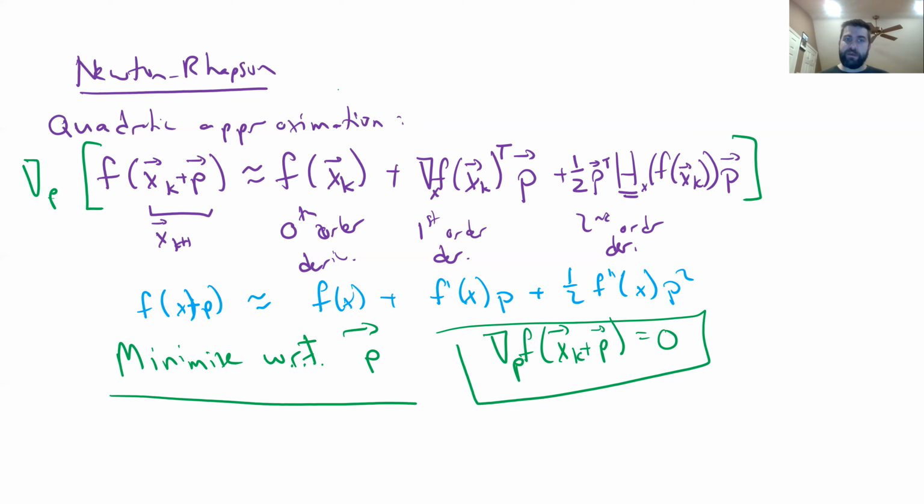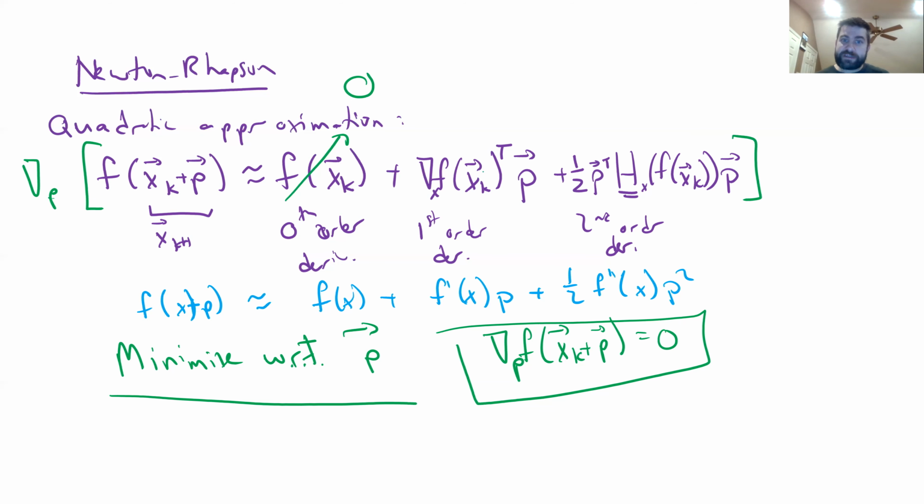Well, let's think about it. The gradient, we're really taking the set of partial derivatives with respect to P. x_k is a constant. That is a constant vector. So the derivative with respect to P of f of x_k, this is just a number, is 0. That piece disappears.